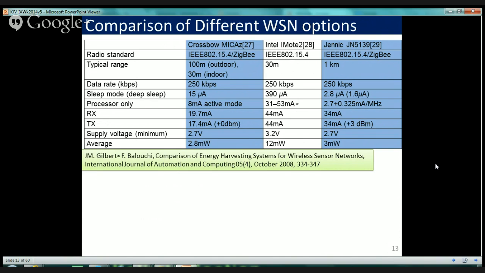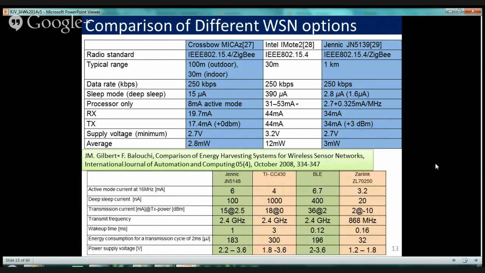And if you look at what is really available in the form of chips, not necessarily as boards or packaged products, the situation is also somewhat similar, and we have looked at various options, including what is called Bluetooth Low Energy for this purpose. During the transmission cycle, we will still need power in the order of milliwatts.